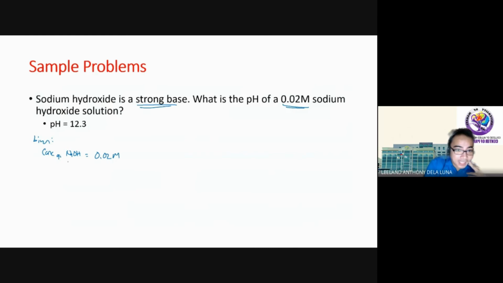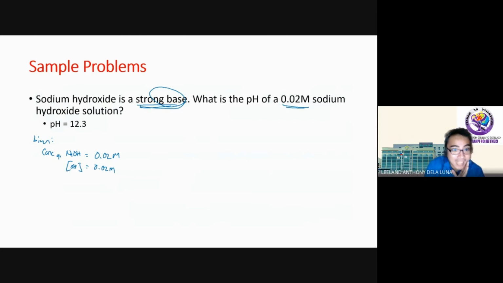Obviously, class, because this is a strong base, it's a strong electrolyte, so its OH will just be the same, 0.02 molar. Because again, class, this is a strong base. If it's a strong acid, obviously the majority it releases would be H, hydrogen ions. Since the majority released here would be hydroxyl ions, OH equals 0.02.